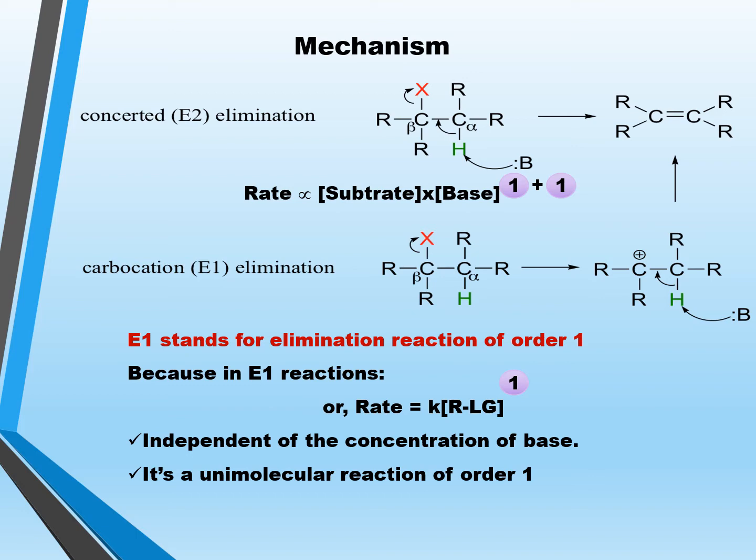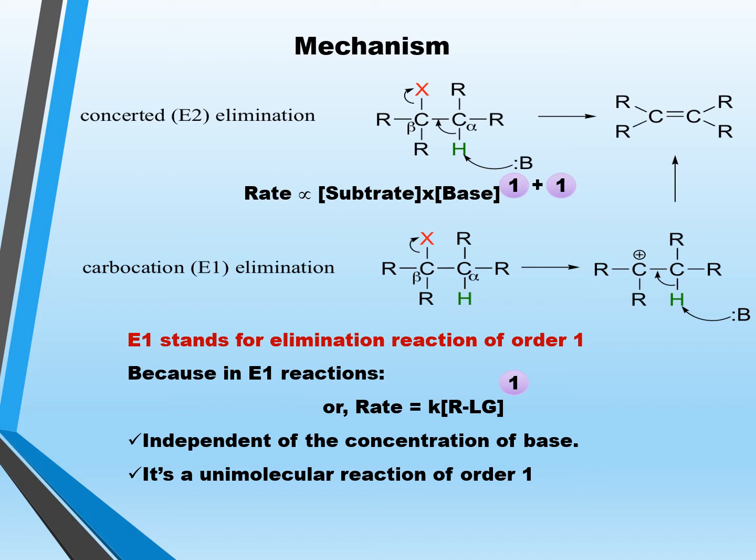So you see this is E1 reaction, similar to SN1 reaction, because in the first step we see only one substrate, only one reagent going forward to form an intermediate.